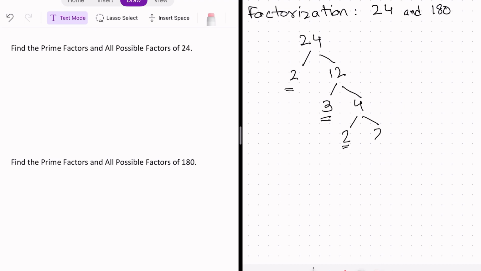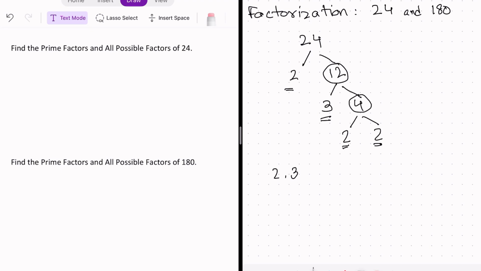They are both prime numbers. So the prime factors from here are going to be 2 and 3. And then on top of that, you have other factors like 12 and 4.